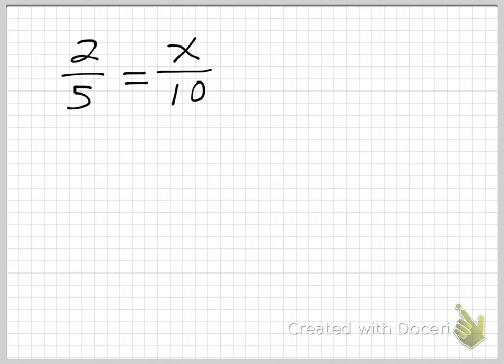So, here's the deal. We could solve this proportion the old way, my way. Line down the equal sign, and what's the next step? See if the variable's happy. Is he happy? No, he's not. Who's with him? The 10. What's the 10 doing to him? Dividing him.